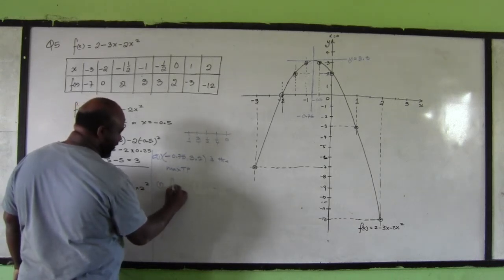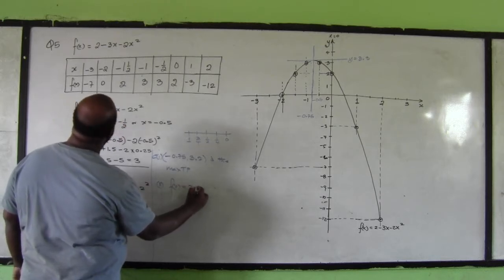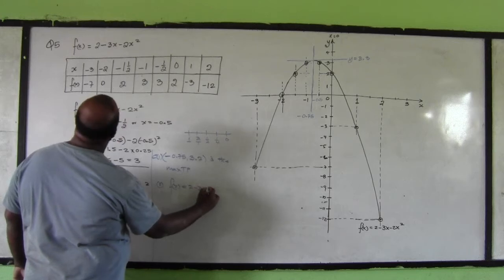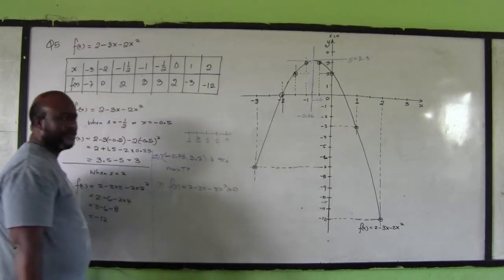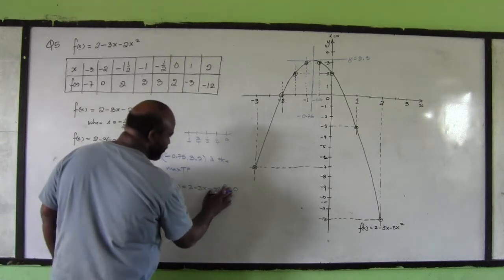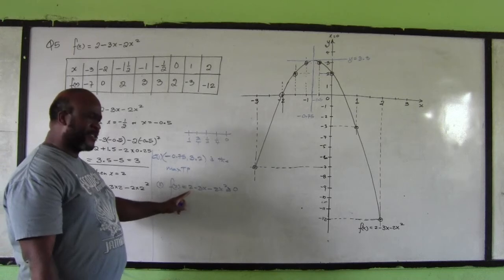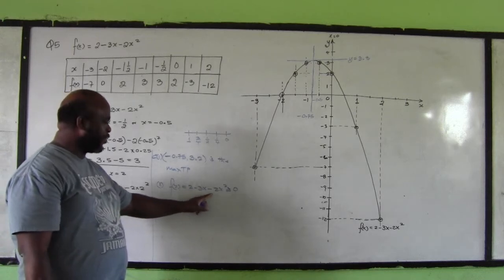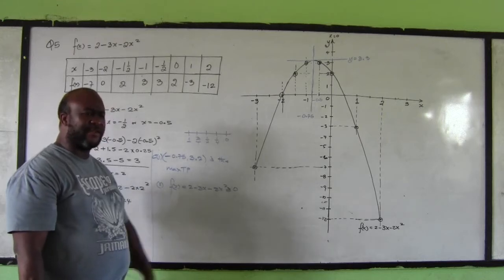So you want f of x, which is 2 minus 3x minus 2x squared, greater than or equal to 0. F of x is 2 minus 3x minus 2x squared. They want the interval in the domain for which this is greater than 0.